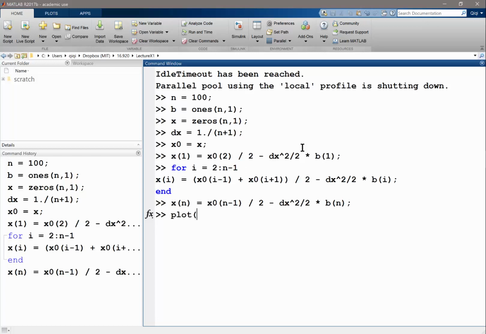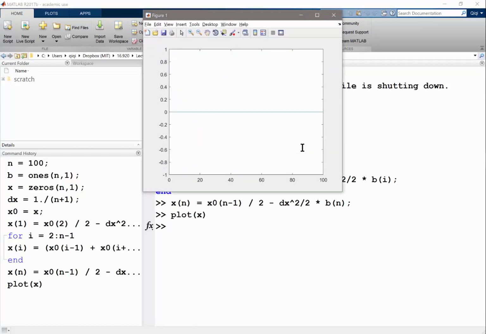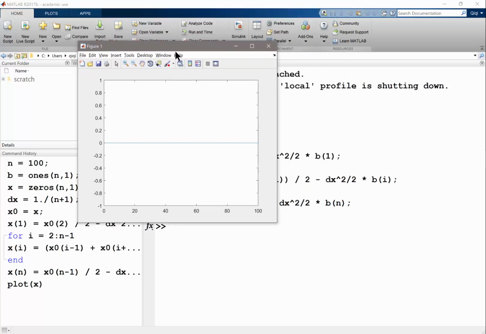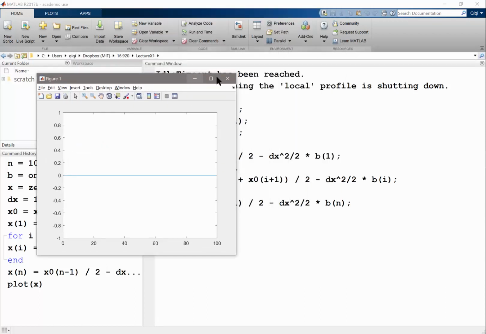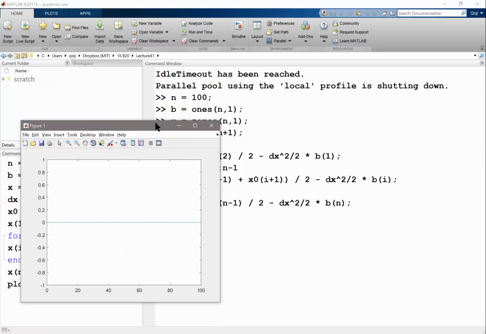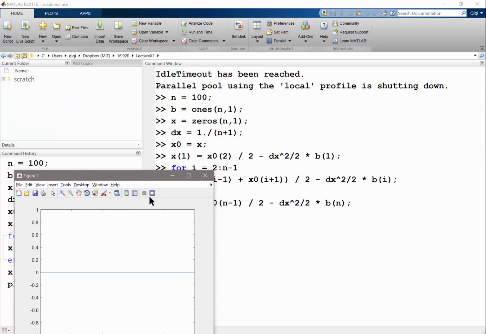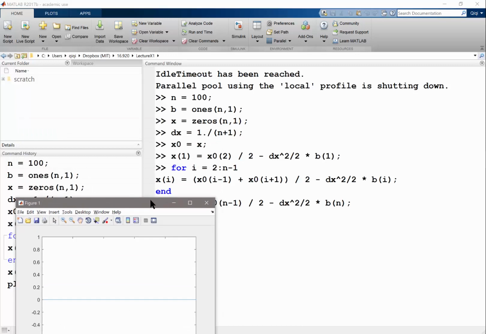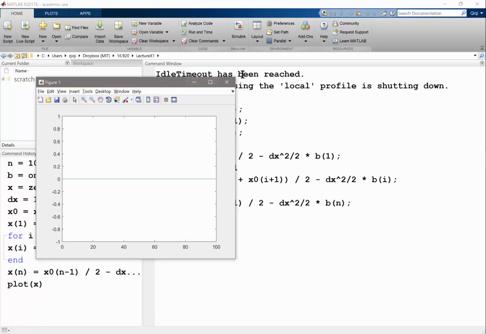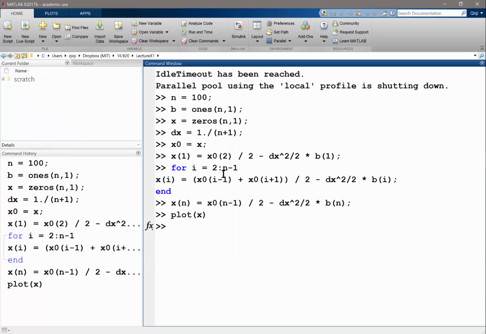So let's plot x to see what I get. Why do I get zeros? Wait, my b is ones. So xi is equal to... that doesn't make sense.